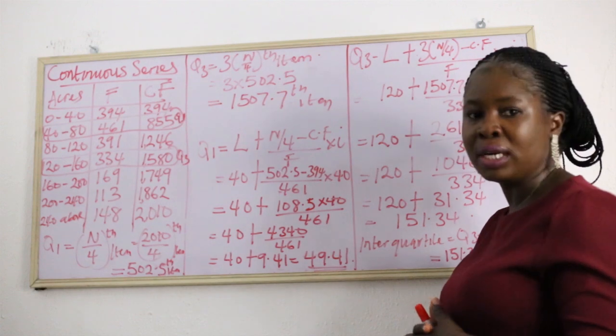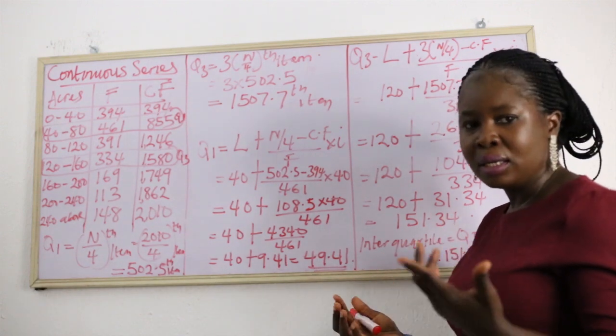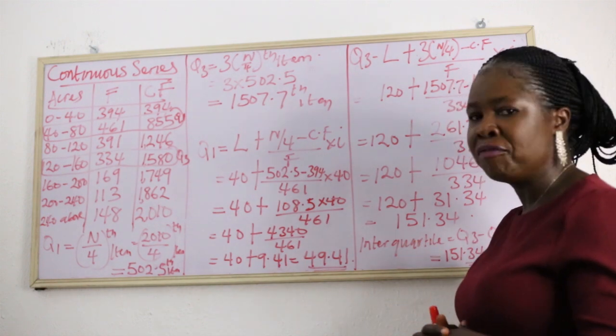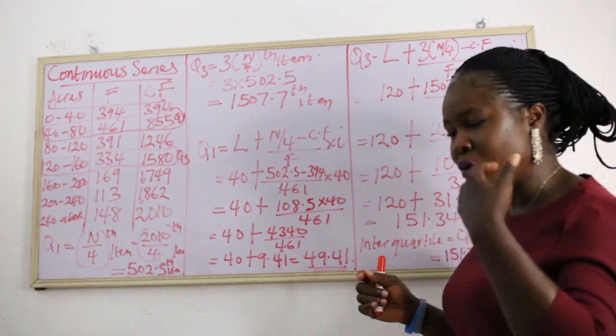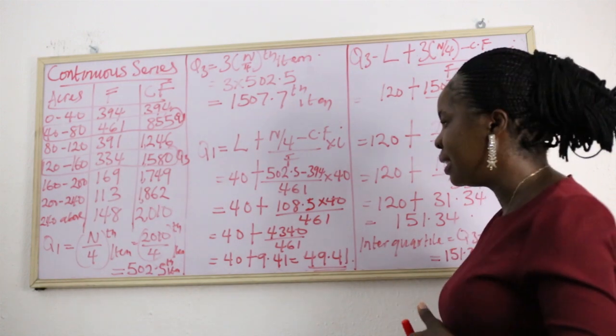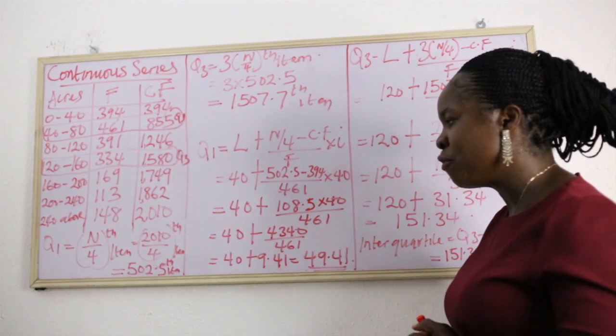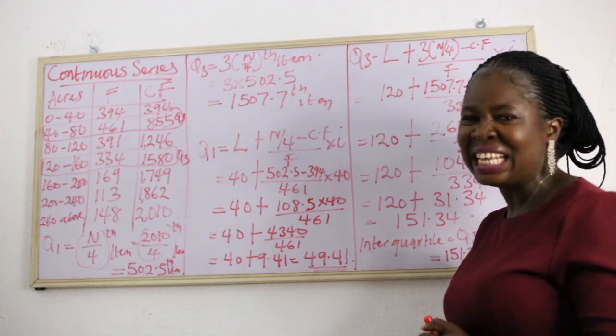And what is Q1? Because it is a continuous series, Q1 becomes the n over 4th item. The n is 2010. Then 2010 divided by 4, we have the 502.5th item.